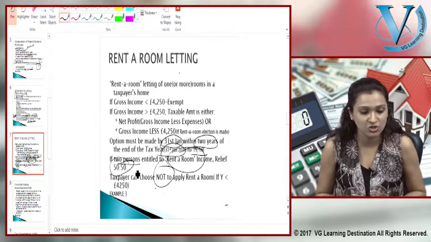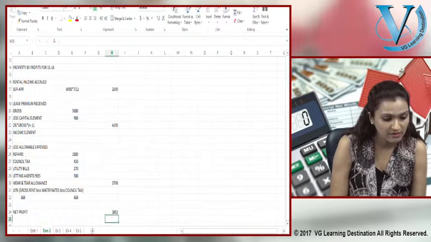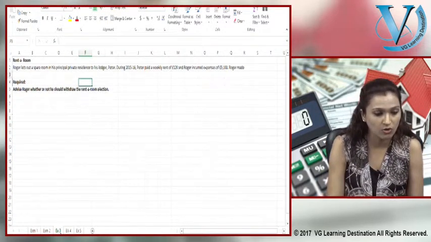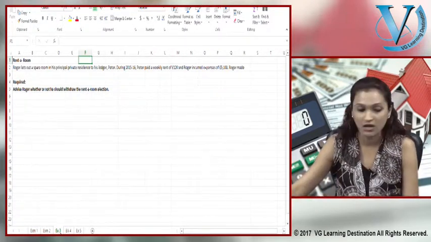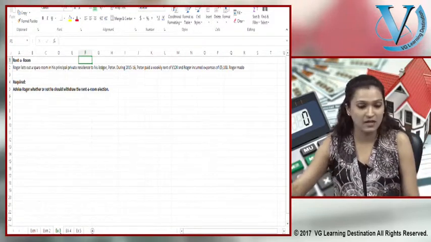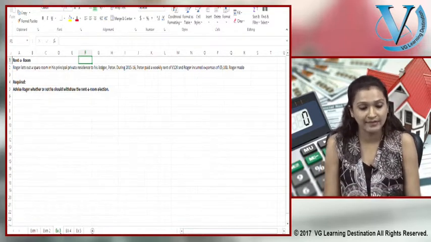Let me explain this to you with the help of an example. Let's do example 3 and understand why renting a room would or would not be beneficial to the taxpayer. So what do we have here? Roger lets out a spare room in his principal private residence, which is his home, to his lodger Peter.